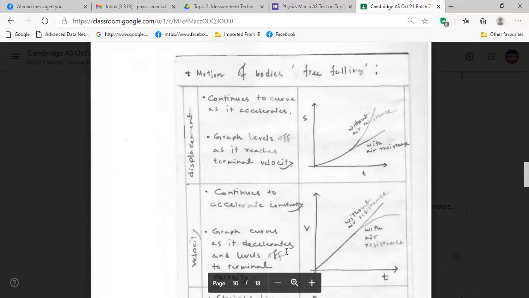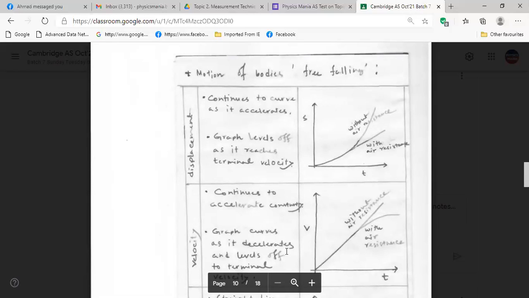Yes, very good. So with air resistance, there will be a decrease in acceleration, right? Yes, sir. There will be a decrease in acceleration as the air resistance starts working, and at once the acceleration will be zero, right? With air resistance, the one you told.